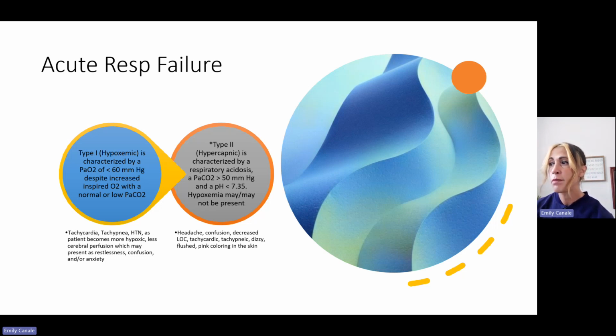On the other end, impaired diffusion at the alveolar level would be due to something like pulmonary edema or acute respiratory distress syndrome, which this could progress into. A ventilation perfusion mismatch could be related to a restrictive lung disease like pulmonary fibrosis because of the thickness in the lungs, pneumothorax, or atelectasis, right? Those lungs kind of collapse. Those could all be indicators of that as well.